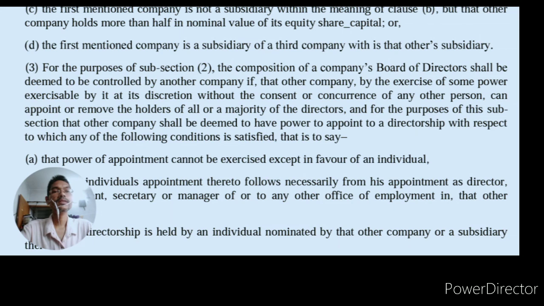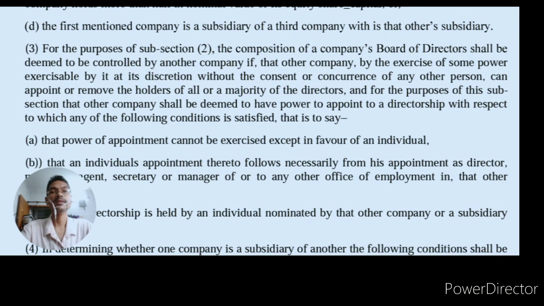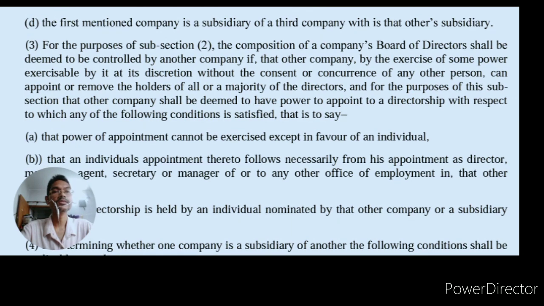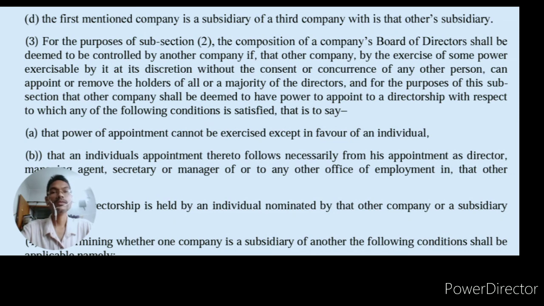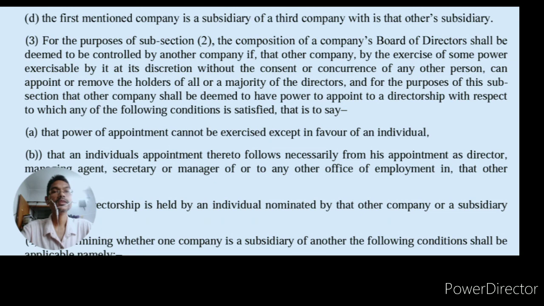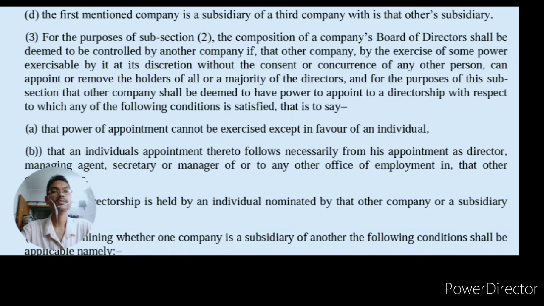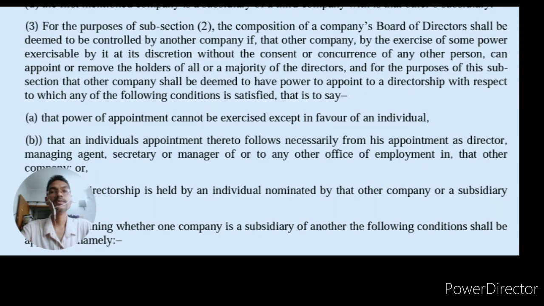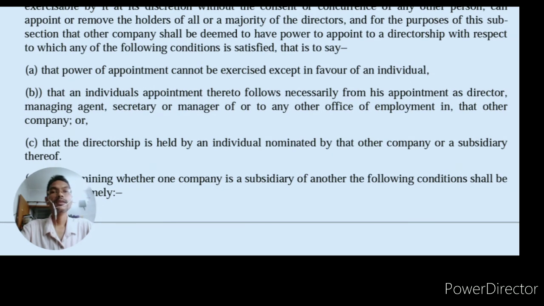3. For the purposes of subsection 2, the composition of a company's board of directors shall be deemed to be controlled by another company if the other company, by the exercise of some power exercisable by it at its discretion without the consent or concurrence of any other person, can appoint or remove the holders of all or a majority of the directorships. For the purpose of this subsection, that other company shall be deemed to have power to appoint to a directorship with respect to which any of the following conditions is satisfied, that is to say: A. The power of appointment cannot be exercised except in favor of an individual.